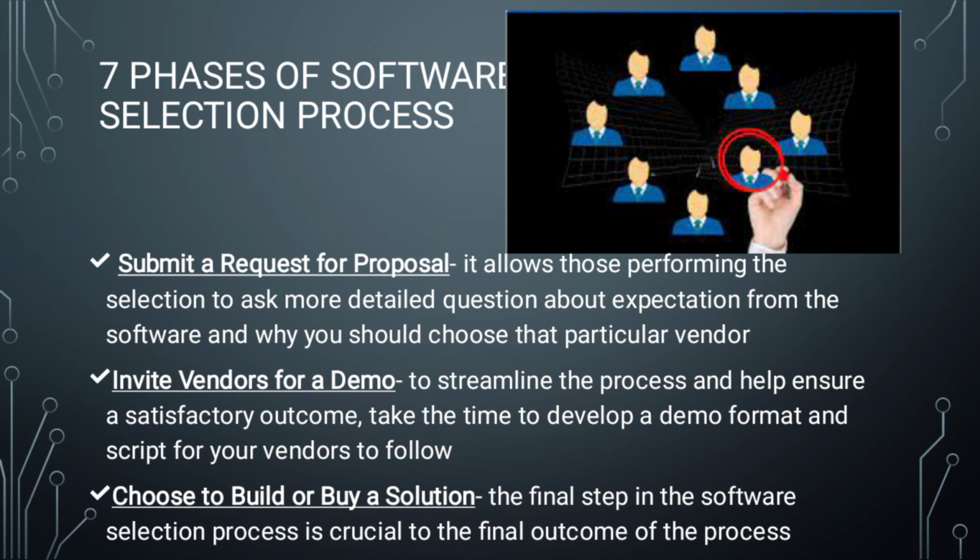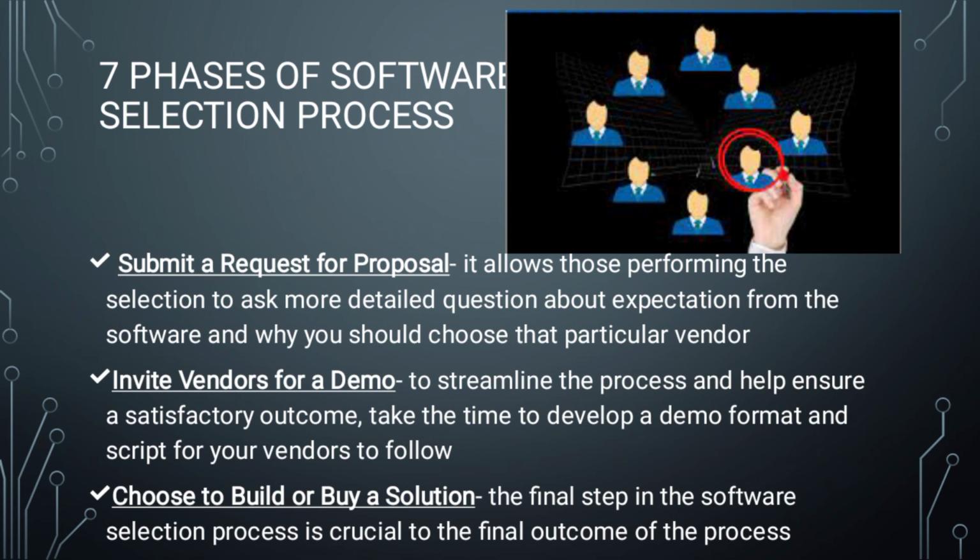A demo not only provides more details about the software but can also help the selection team determine the quality of the software and implementation. This is to streamline the process and help ensure a satisfactory outcome. Take the time to develop a demo format and script for your vendors to follow. Here it's also helpful to create a scoring sheet to use during review of the demos.